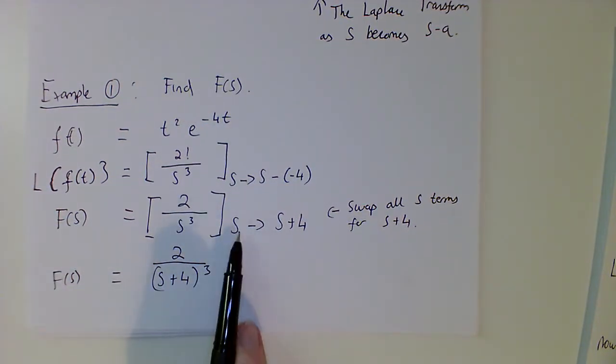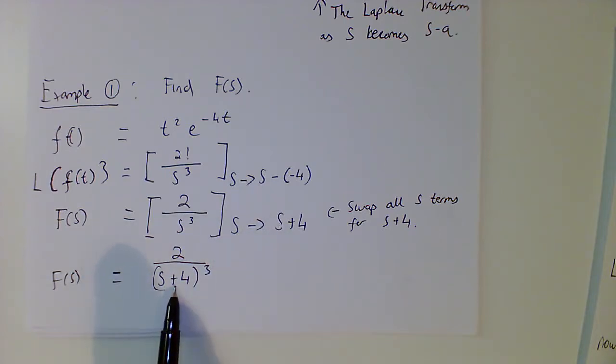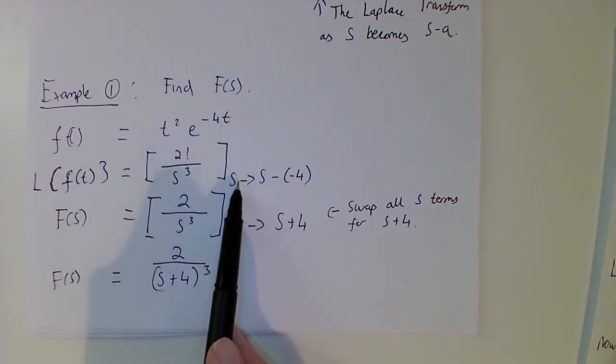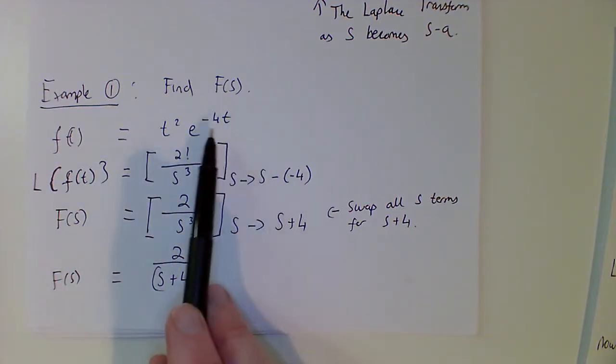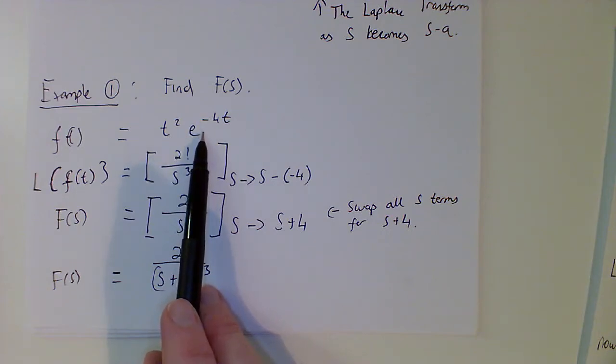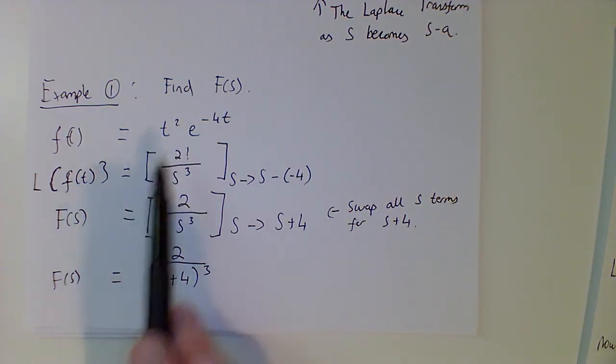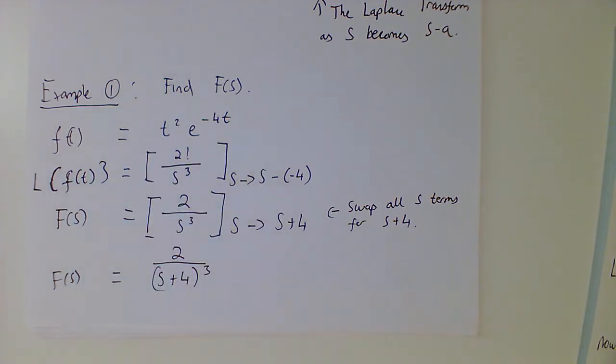So where we had s in the past, we put s plus 4 in its place. The square brackets and this bit here sorts out our exponential term. Inside the brackets we find the Laplace transform of the other part of our function. Then we simplify everything down and we substitute in our s plus 4.